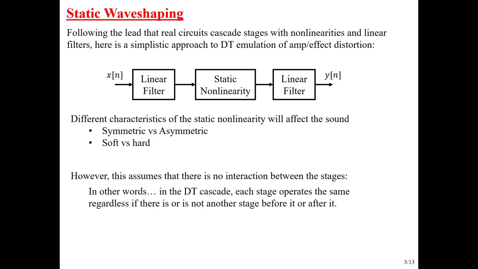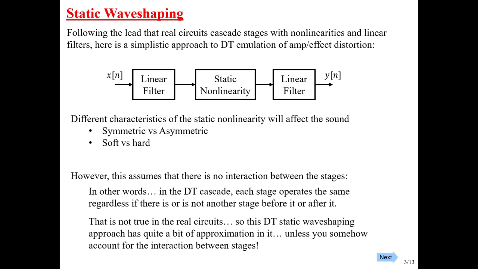So that's different than how things happen in a real analog circuit. In a real analog circuit, each stage interacts with the next one. And we'll see that later when we get to more advanced ways of modeling amps and effects.